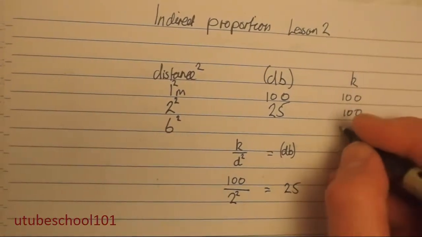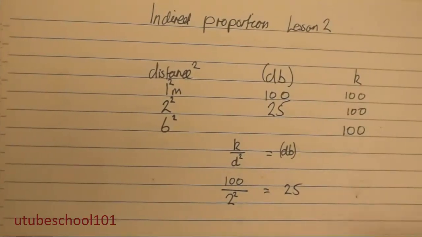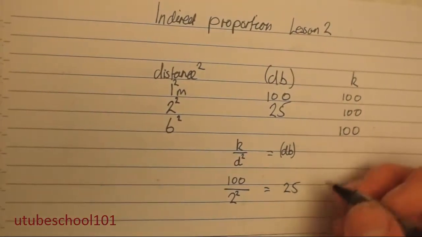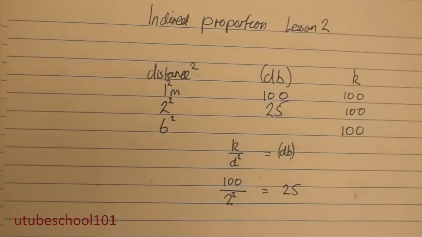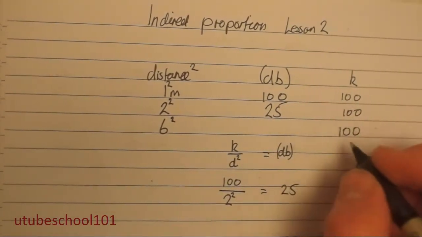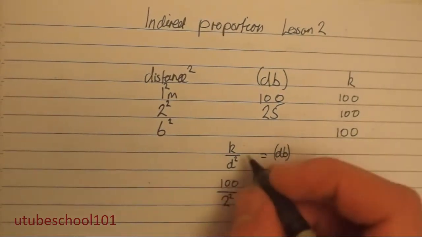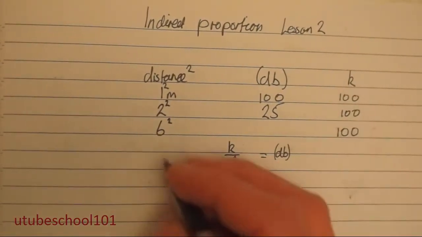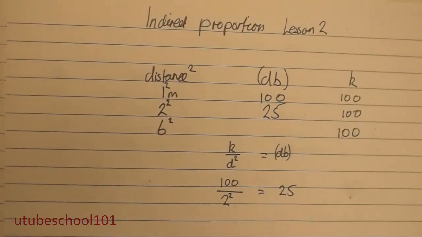Okay, let's move on to our problem, where we have to work out the decibels when the builder is 6 meters away. First of all, we do 100 divided by 6 squared.